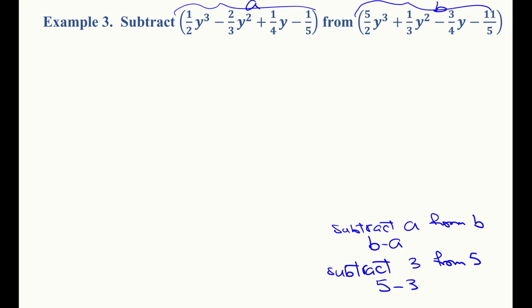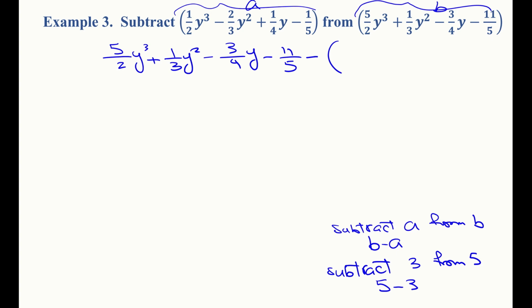The B. So we're going to write 5/2 y cubed plus 1/3 y squared minus 3/4 y minus 11/5. And we're going to subtract from that. Now remember, I don't really need parentheses around that first polynomial, but I do need them around the second one because I'm subtracting.